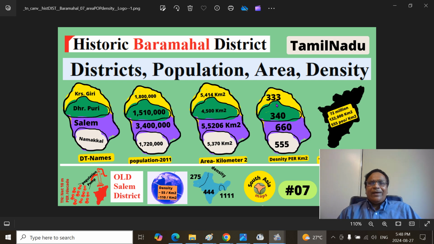That gives you a much deeper understanding. Any discussion of the politics, society, economy, and military industrial complex, mixed societies, is totally incomplete, misses the essential part, if you do not understand how many people live in that area, what is the surface area, what is the density per square kilometer. After this presentation, you will get great clarity.